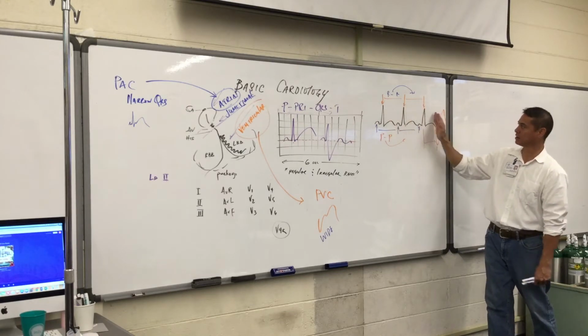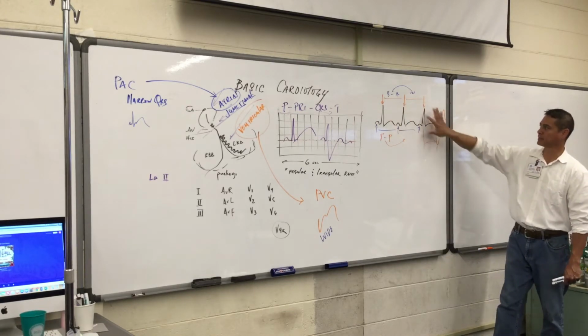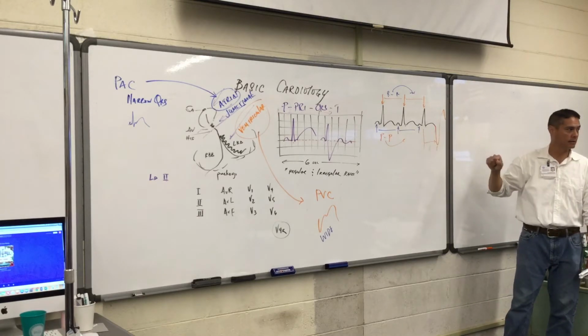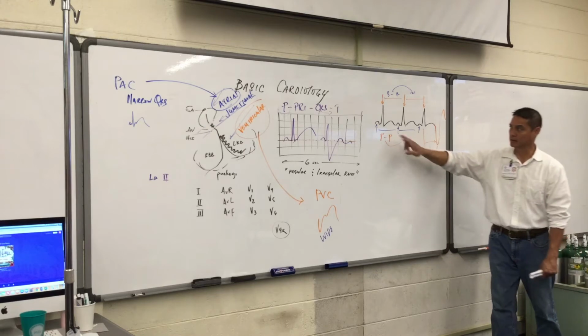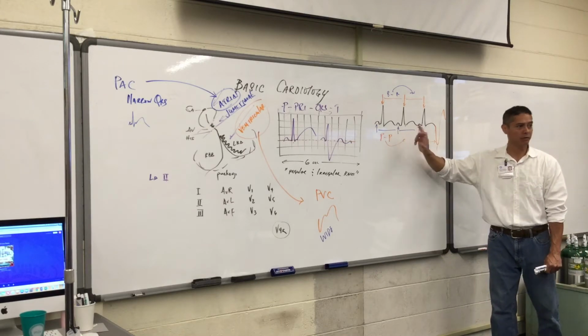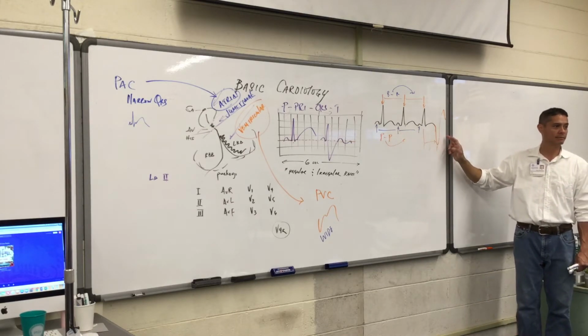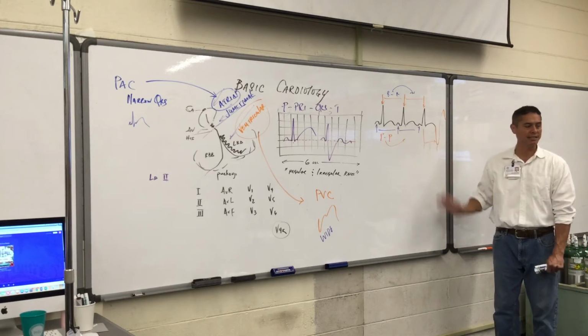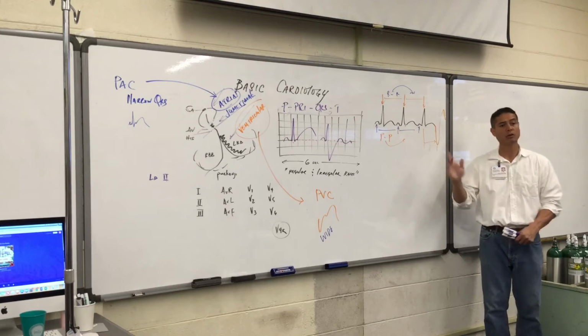Narrow, wide, every other one is bigeminy. The third one is trigeminy. The 4th one would be quadgeminy. All right, so the more frequent you have these PVCs, it becomes problematic.